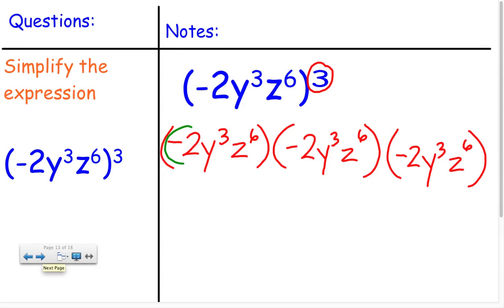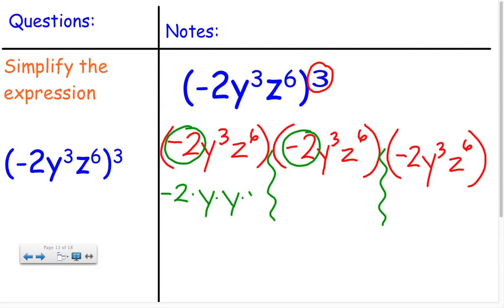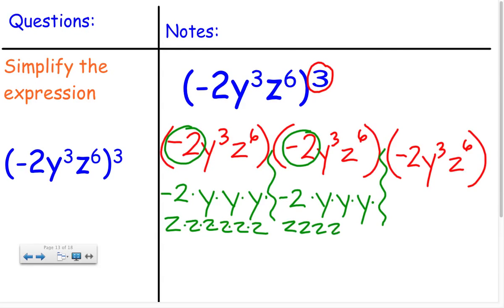Oops, I'm a step ahead of myself, so I'm going to back up. Negative 2, 3 y's, 6 z's. Negative 2, 3 y's, 6 z's. And at this point, I kind of stop writing the dots in the middle. If you want to do that, you can, but you have to remember that it is multiplication.